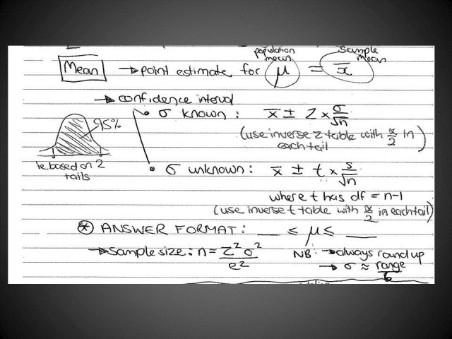Now, if, however, sigma is unknown, so if you don't know about your population standard deviation, we have to make an adjustment to our original confidence interval formula. That adjustment includes using sample standard deviation S instead of population standard deviation.